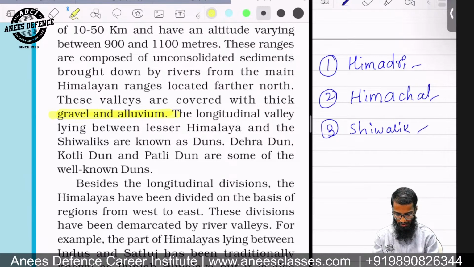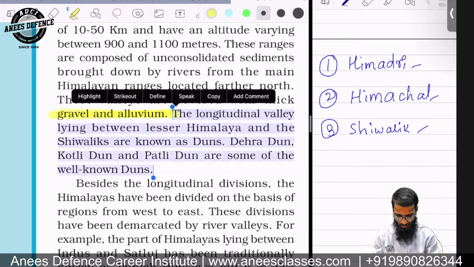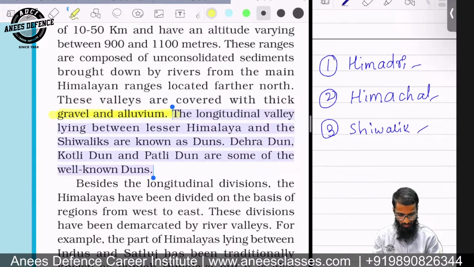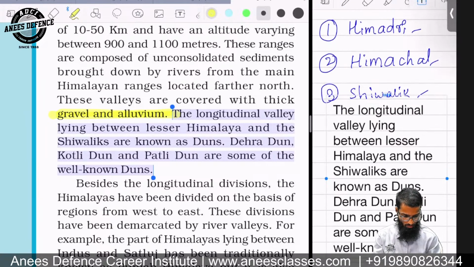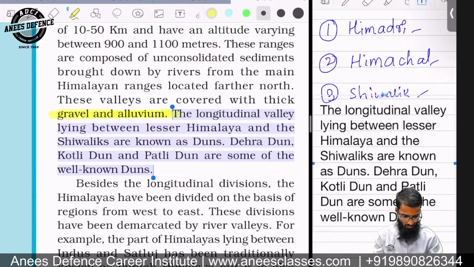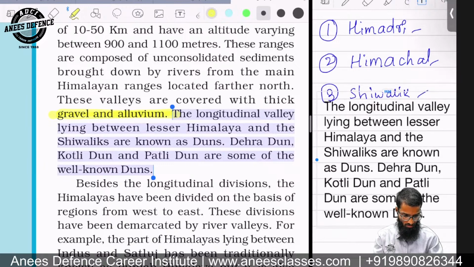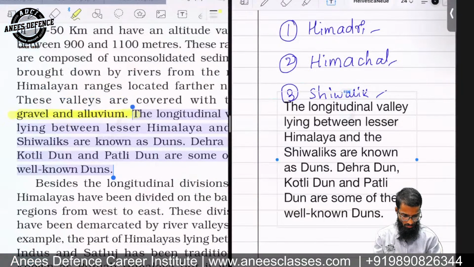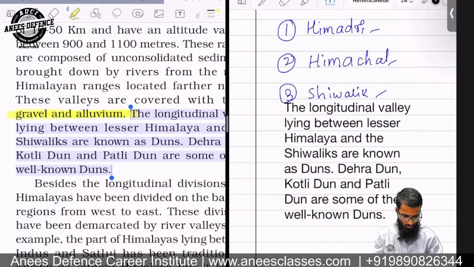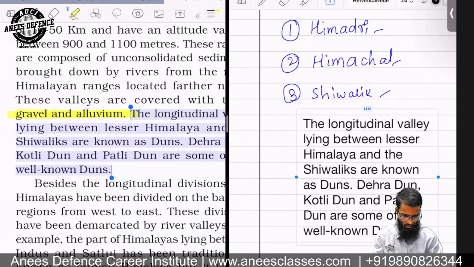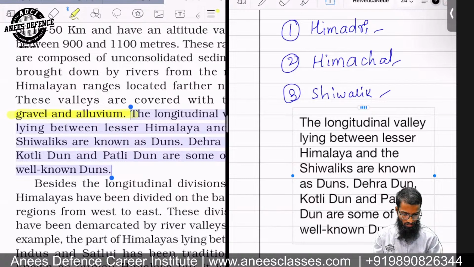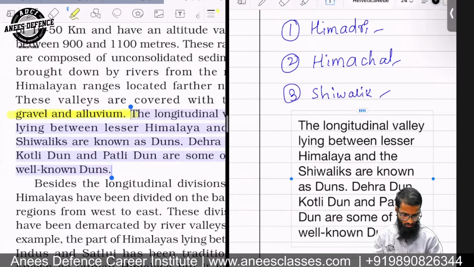So these types of questions are generally asked. I will copy it and I will paste it here. So most of the times questions are asked. So what I think that question can be asked for this.